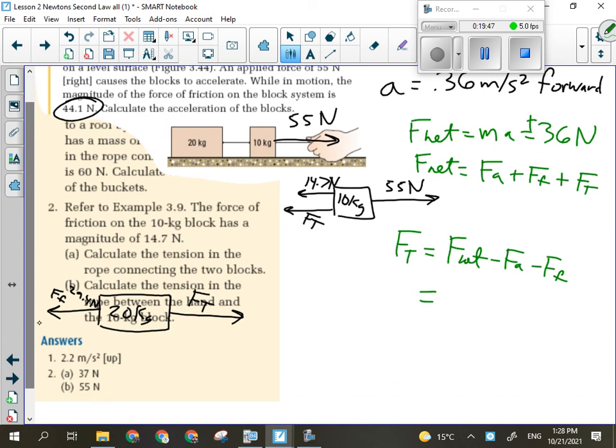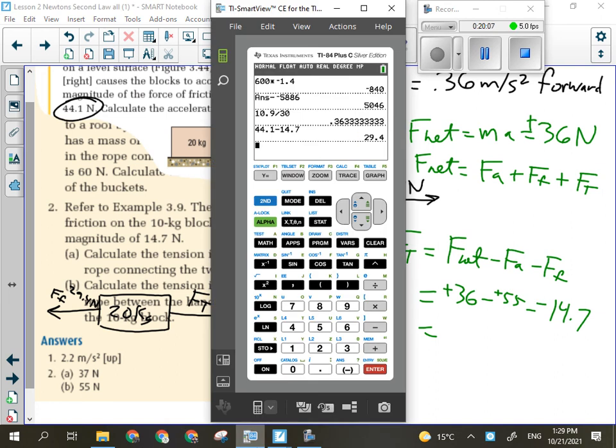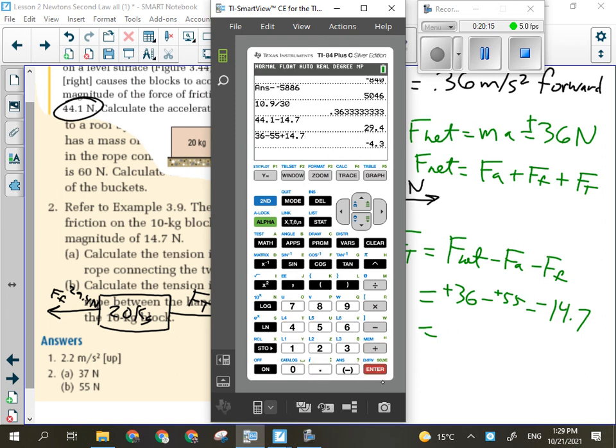So my tensional force is positive 36 minus positive 55, those are both forwards, minus negative 14.7. Okay, friction is backwards. All right, so I'm going to have 36 minus 55 plus 14.7.